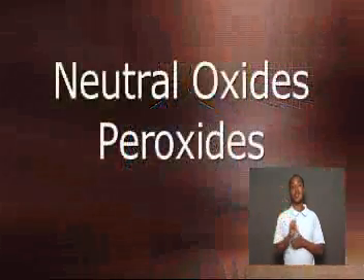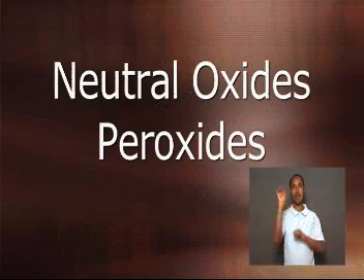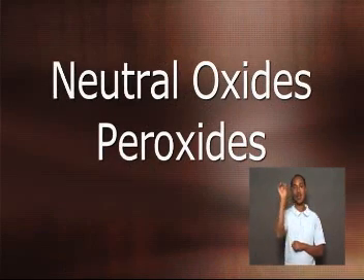Basic oxides are oxides that are composed of metals and oxygen, and amphoteric oxides are oxides that display both acidic and basic properties. In today's lesson, we will learn about two more types of oxides: neutral oxides and peroxides.